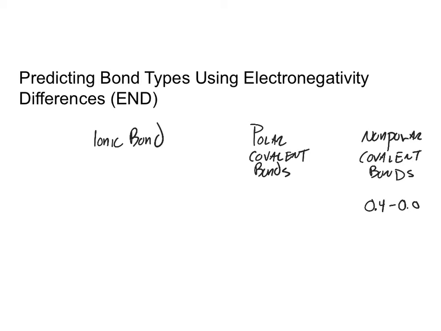Polar covalent bonds have an electronegativity difference from 0.5 to 1.6, and ionic bonds tend to have an electronegativity difference of 1.7 and up. You'll get that information from your periodic table. The periodic table that you should have in your possession has the electronegativity values already written. I believe it's in the lower right-hand corner, so that should make your life a little bit easier.